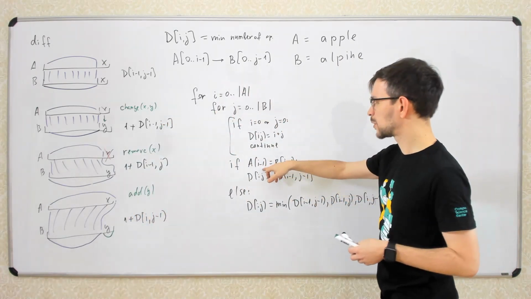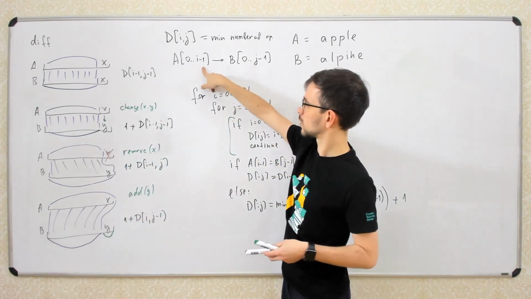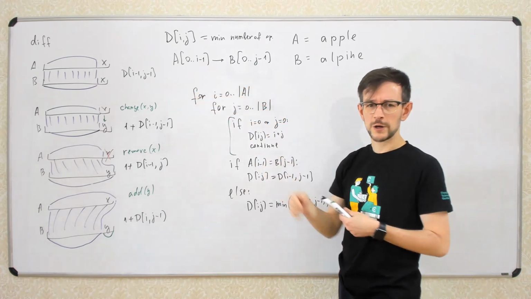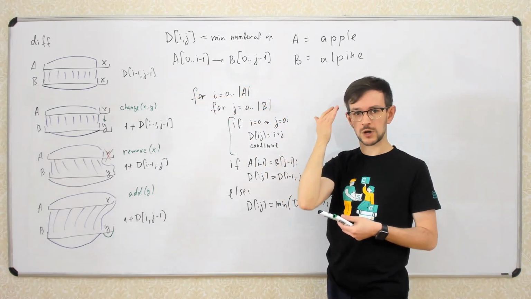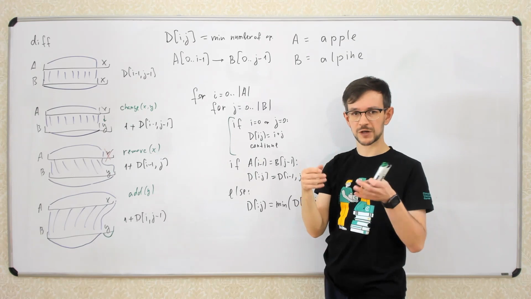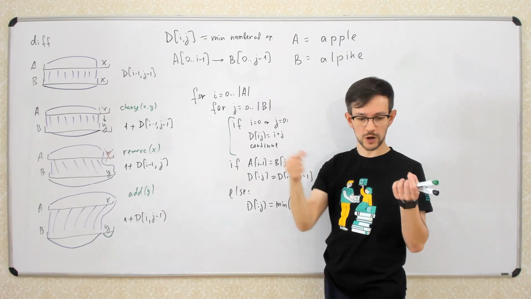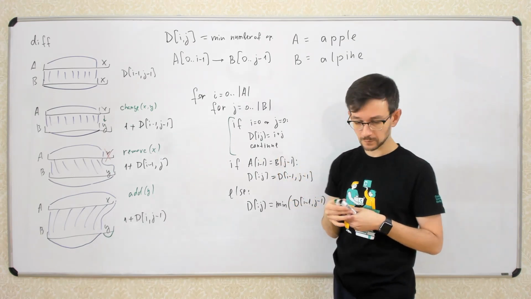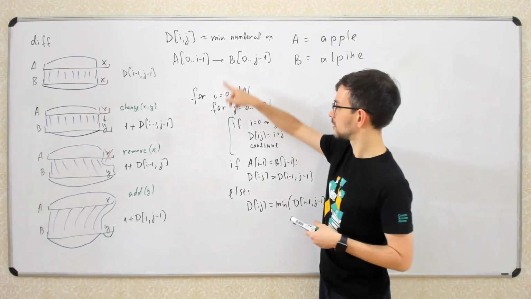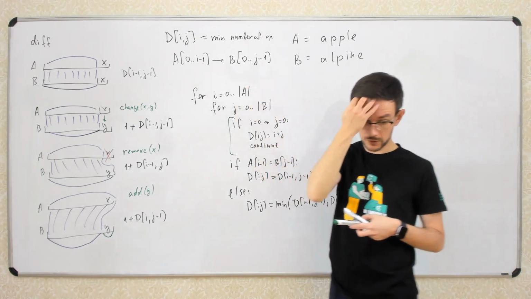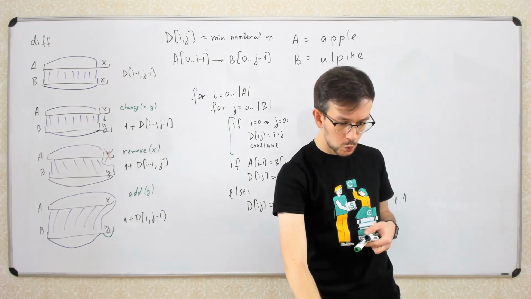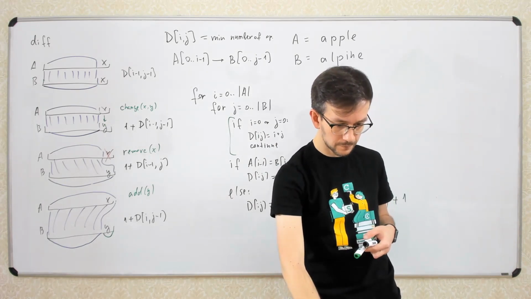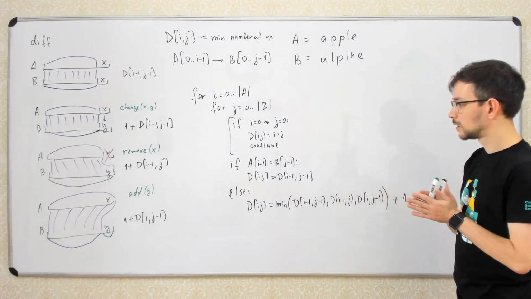Why is it i minus 1? Because I enumerated the characters with zero indexation, so the characters are enumerated from 0 to i minus 1. Here, I need to check the last character, and the last character has index i minus 1. Okay. That's all.